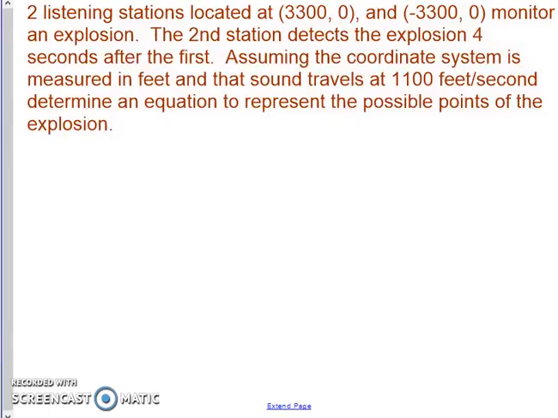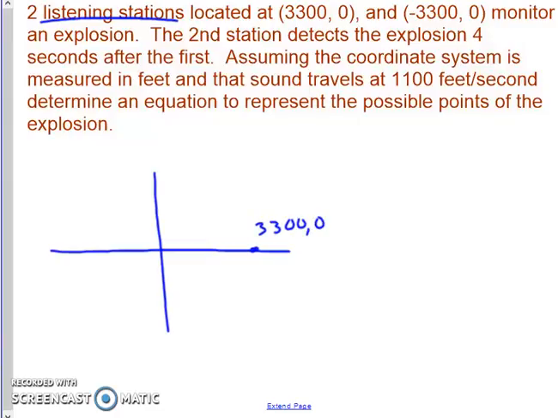So let's just visually draw this out in terms of a hyperbola. If I have a hyperbola, we have listening stations at (3,300, 0) as well as (-3,300, 0).